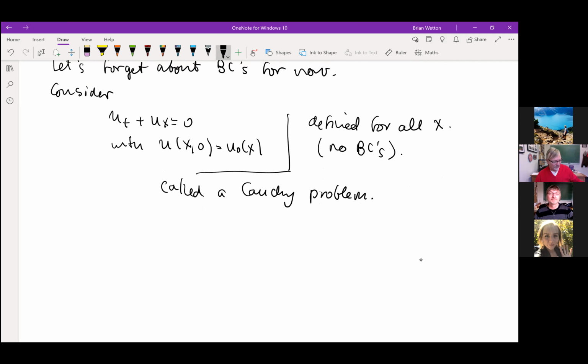Okay, so we're going to look at some Cauchy problems for first order PDEs. In the notes, there are some generalizations of the definition of Cauchy problems for other places where data is given and for higher order equations, and you can read that.